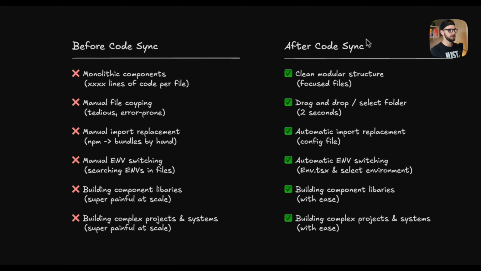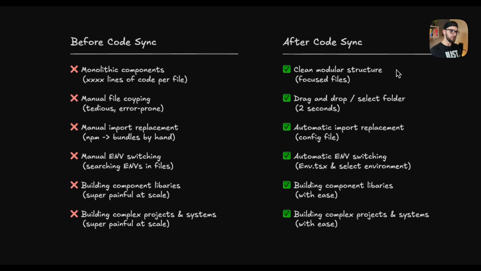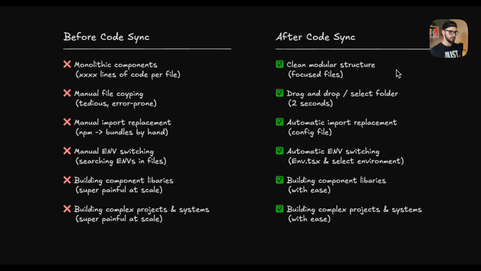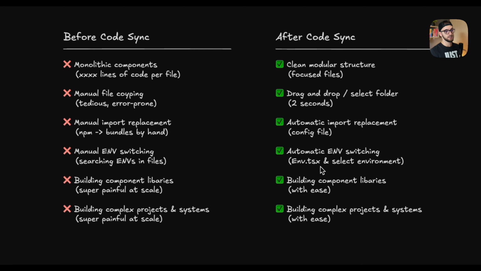After Coating, I can use a clean and modular structure with small and focused files. I just drag and drop or select the folder, which is uploaded in a matter of seconds. The imports are replaced automatically based on the settings in a config file that I set. The envs are switched automatically because I have env.tsx and I select the environment inside of my plugin.